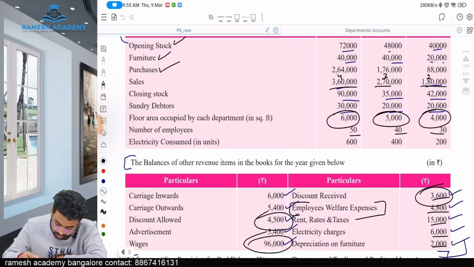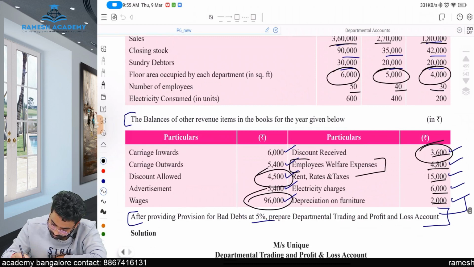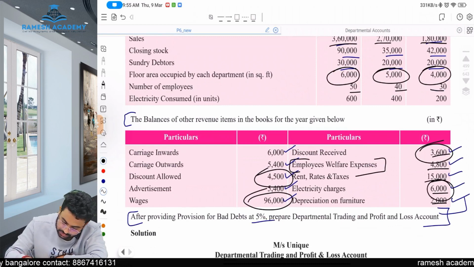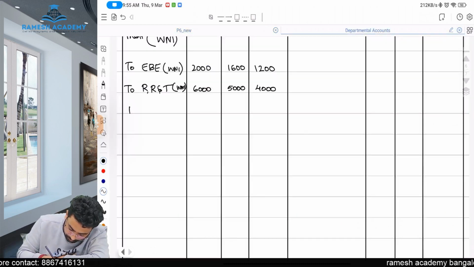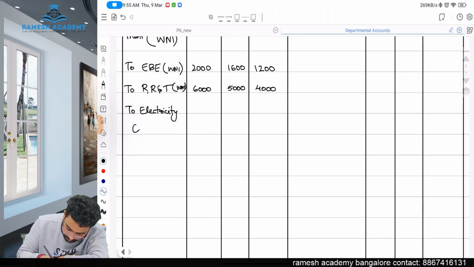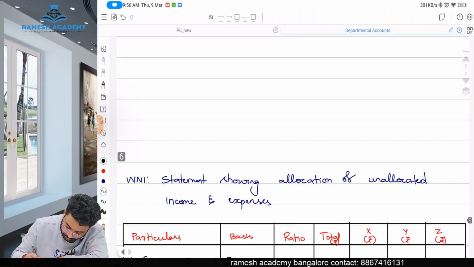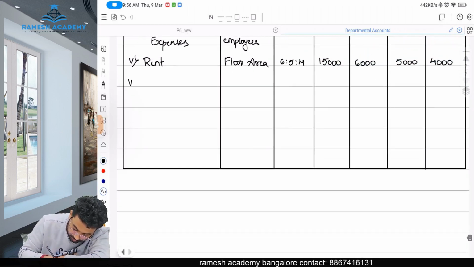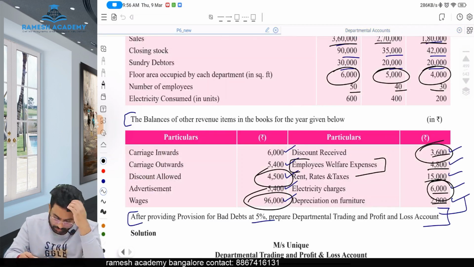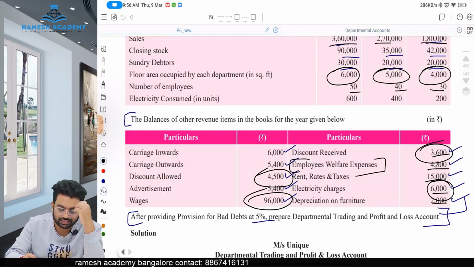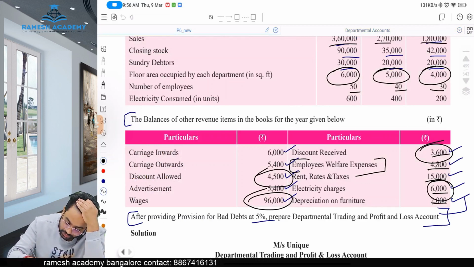Next, electricity charges of 6,000. Two electricity charges, again working note number 1. They have only given electricity consumed by each department: 600, 400, 200.